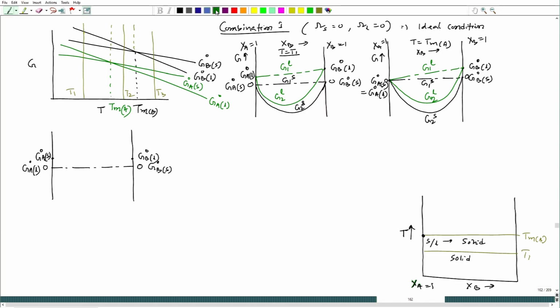So, accordingly we have placed them. Now, we will first connect the liquid line with the G1 line for liquid. This should be my G1 line for liquid. Let me draw it with a solid one. This is G1 solid and this one is G1 liquid.